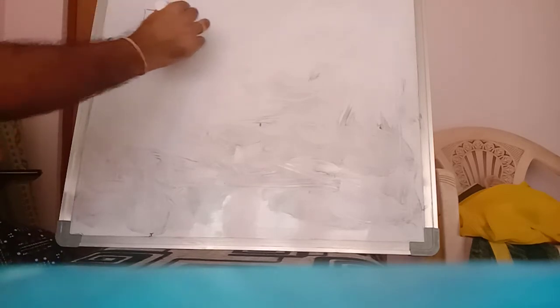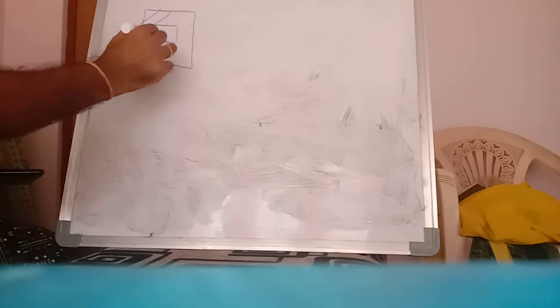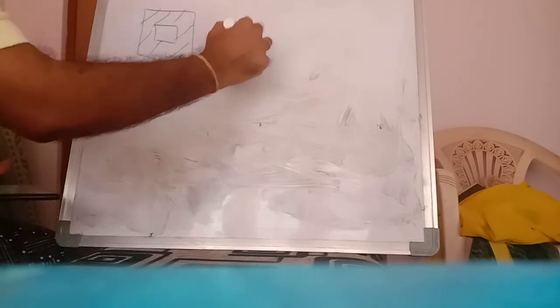Okay, now I will explain the types of motions for the given figures. So first one, square rod. A square bar in a square hole. So this is a square hole. This is the front view of the figure.